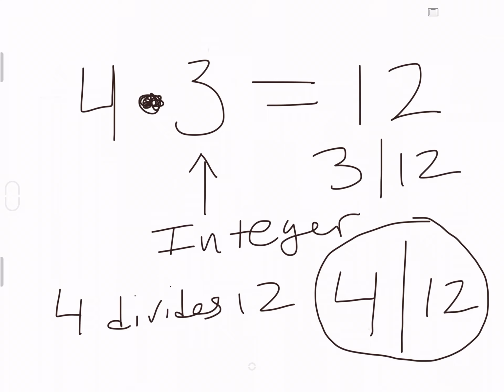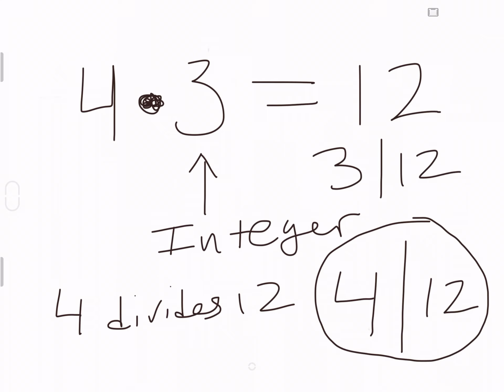All right, so I can't emphasize enough that the number that you multiply to get the number has to be an integer. All these numbers have to be integers. This definition doesn't work anywhere else except with whole numbers. It'll work in the natural numbers.